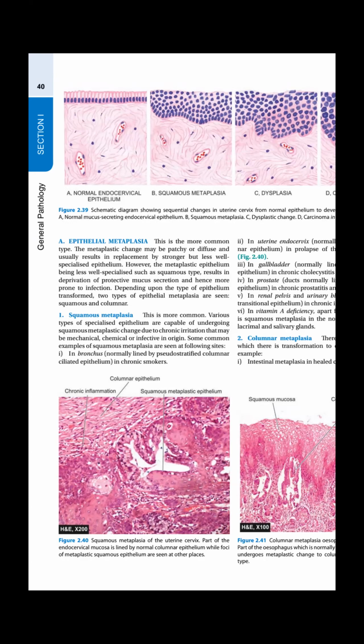Even in conditions like bronchitis or any lung disease, in those cases we see squamous metaplasia. This is more common. Various types of specialized epithelia are capable of undergoing squamous metaplastic change due to chronic irritation that may be mechanical, chemical, or infective in origin. A common example is the bronchus in chronic smokers.